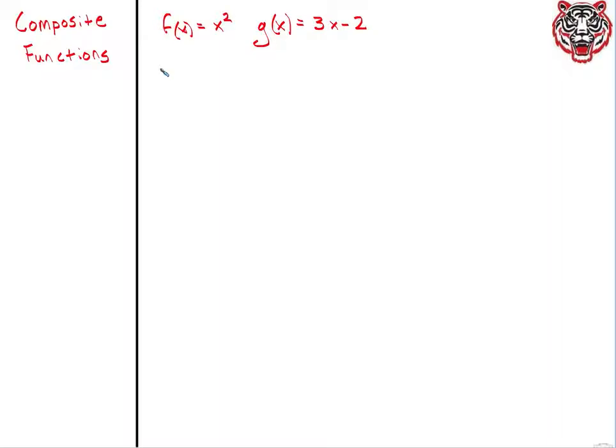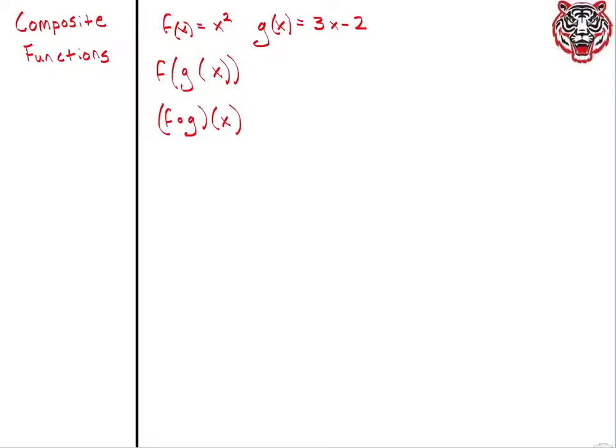Actually, both the forms will be the same. We'll say f of g of x. That is the same thing as f of g of x. These two mean the same exact thing.